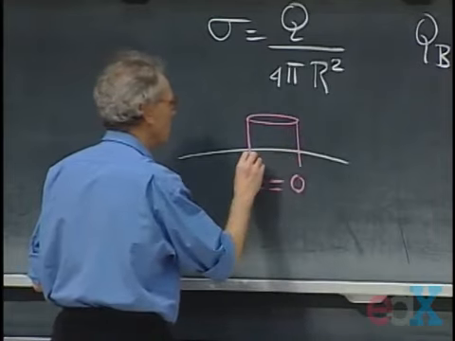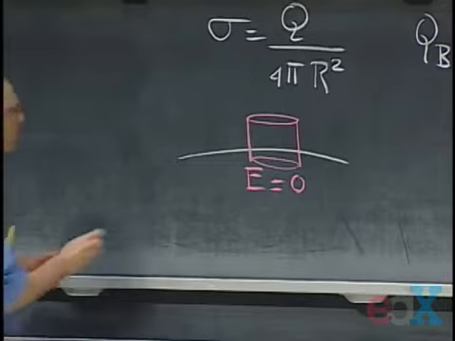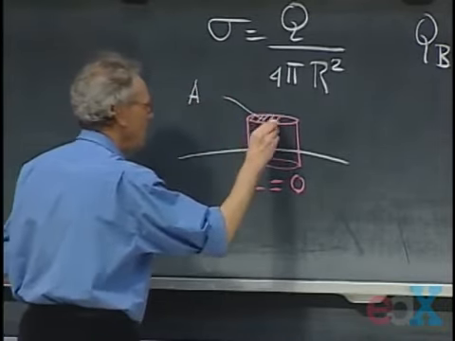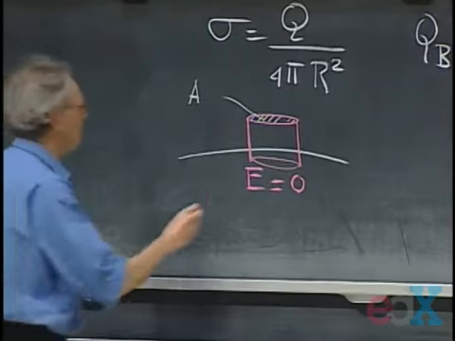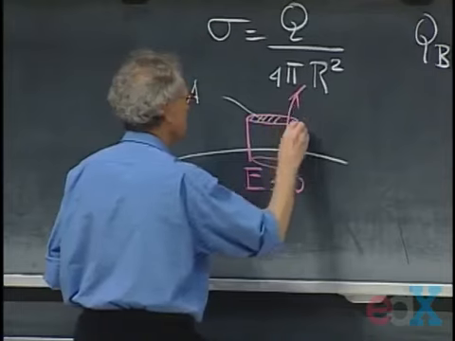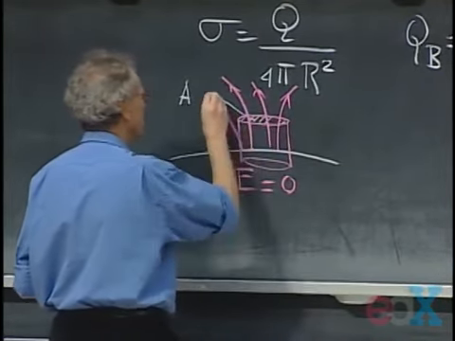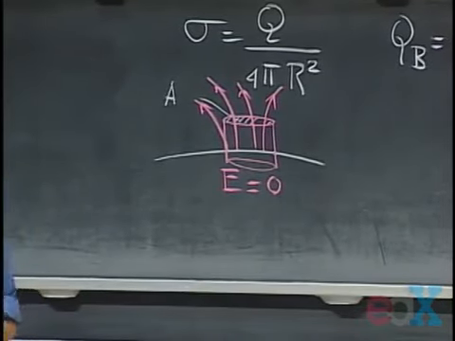I go into the conductor, and this now is my Gaussian surface. Let this area be capital A. And let's assume that it is positive charge, so that the electric field lines come out of the surface like so, perpendicular to the surface, always perpendicular to equipotentials.